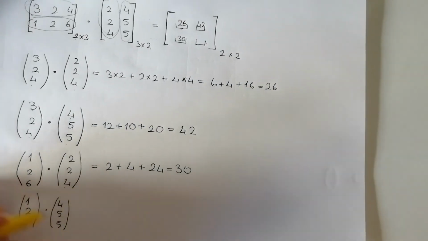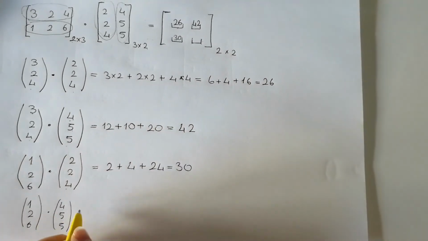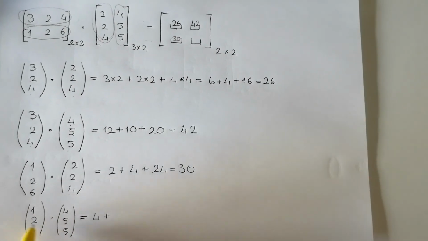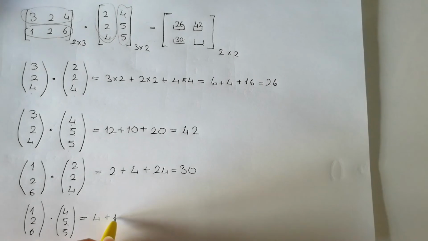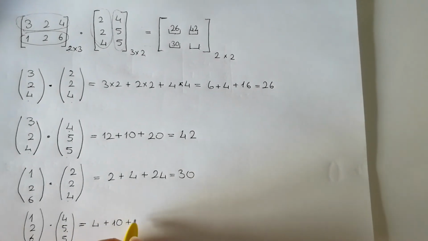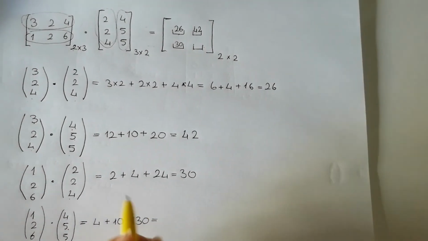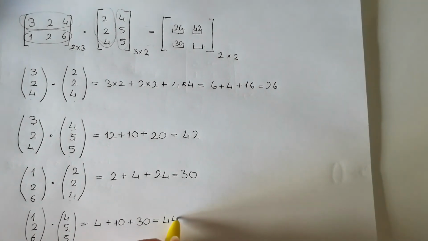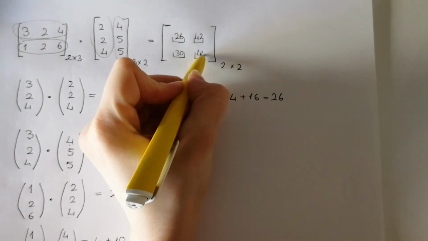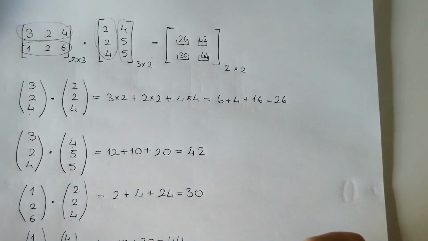So let's multiply these two. 1 times 4 is 4, plus 2 times 5 is 10, plus 6 times 5 is 30. So this is 44. So this entry is 44.